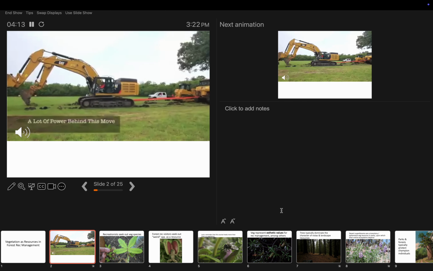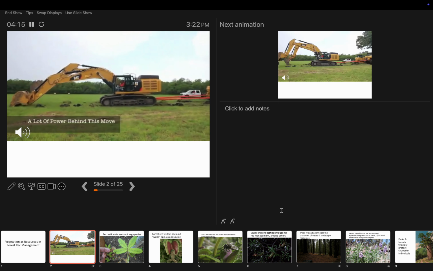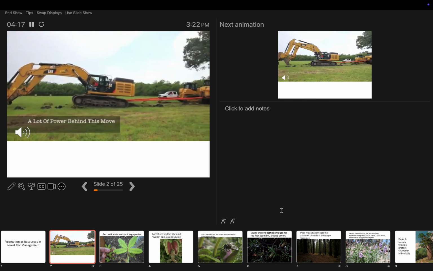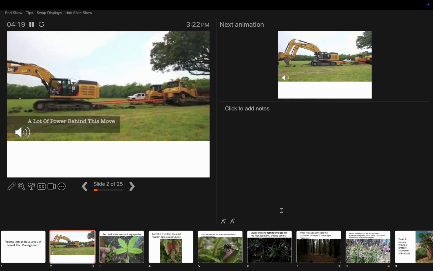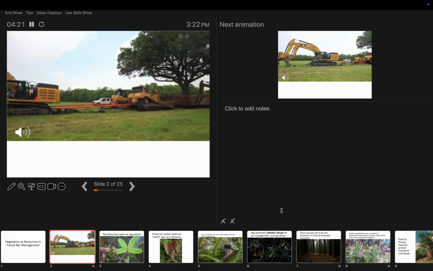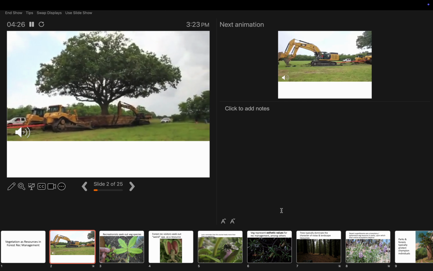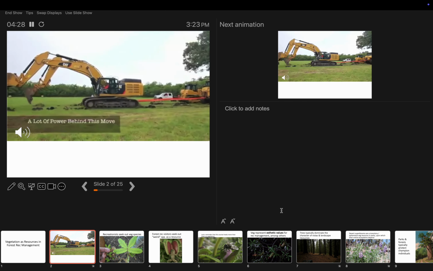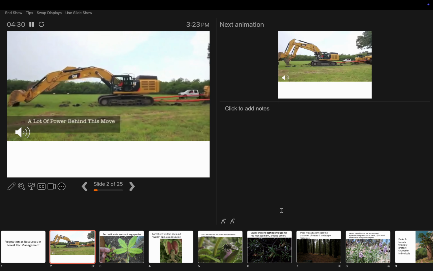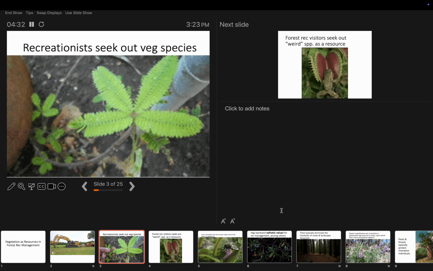So we pay a lot of attention to vegetation resources, obviously in forest recreation management. In a lot of national parks like Sequoia and Kings Canyon, the vegetation is specifically the reason for it. Okay? So that's a pretty big deal.